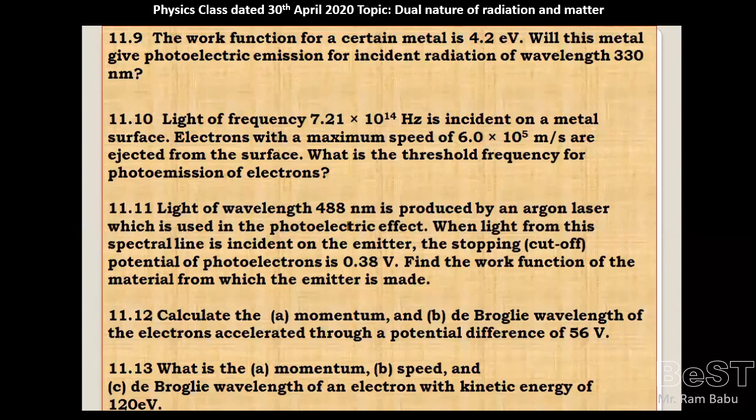11.9. The work function of a certain metal is 4.2 electron volt.